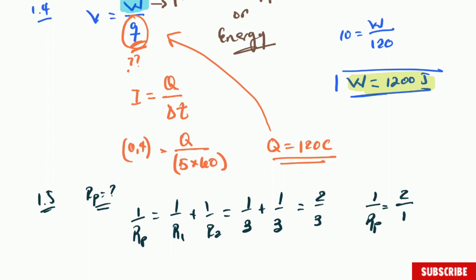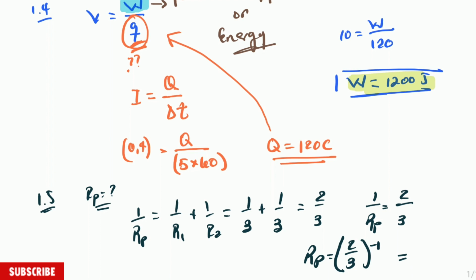What you need to know is that Rp will be equal to 2/3 to the power -1, or the inverse. So when you solve that one, you will get that the equivalent resistance is 1.5 ohm. That is the resistance for the parallel circuit.